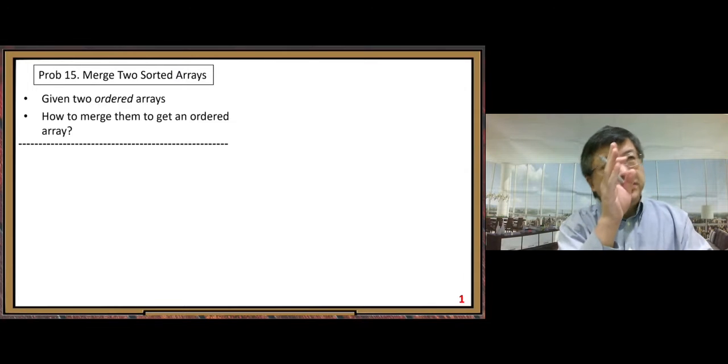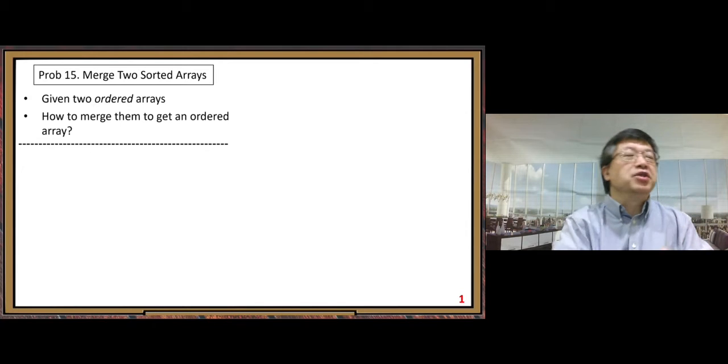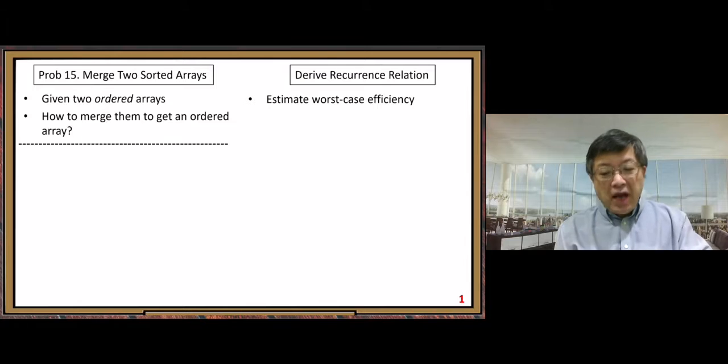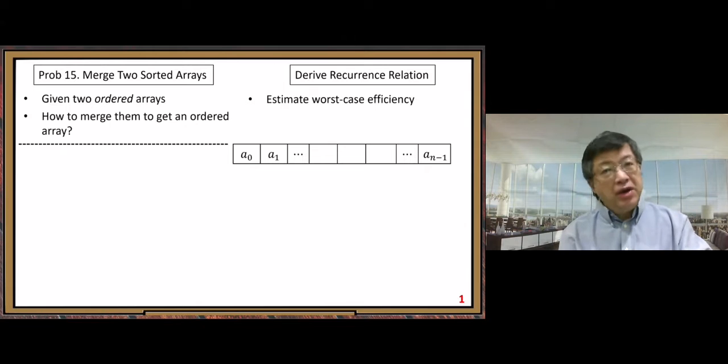Let's look at how we derive the recurrence relation. To estimate worst case efficiency, let us start with this general situation.